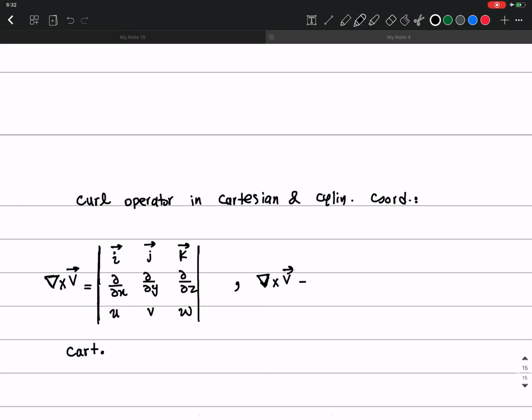And now let's look at this in the cylindrical coordinate system. In cylindrical coordinate system, the curl is going to be like this. You can calculate it yourself, but it's going to be 1 over r times the determinant of this matrix. In the first row we have the unit vectors er, e theta, and ez.